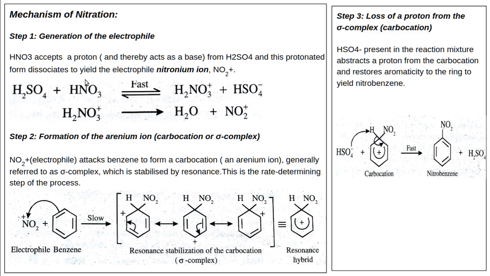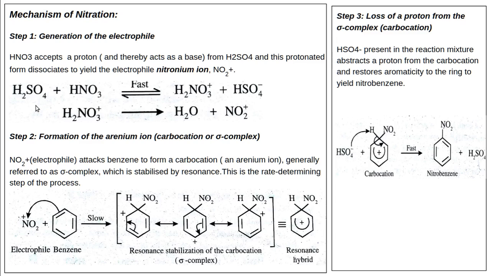Then HNO3 accepts a proton, so it acts as a base. According to the Lowry-Bronsted concept of acids and bases, an acid is a substance which can donate a proton and a base is a substance which can accept a proton.